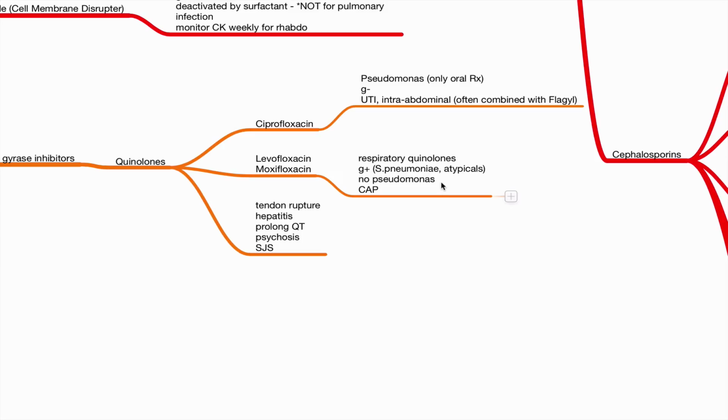They don't have any effective Pseudomonas coverage, and we often will use these for community-acquired pneumonia. Side effects for quinolones, we have possible tendon rupture, hepatitis, and also you can have worsening of your prolonged QT, psychosis, as well as Stevens-Johnson syndrome has been reported with quinolones.